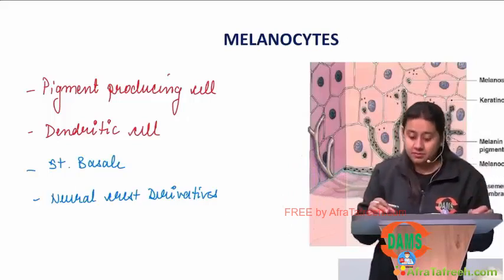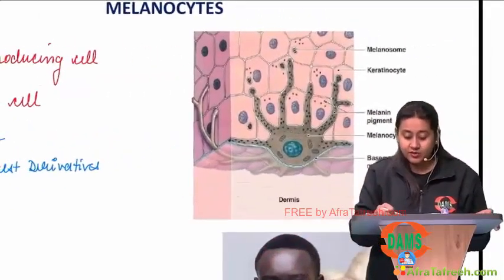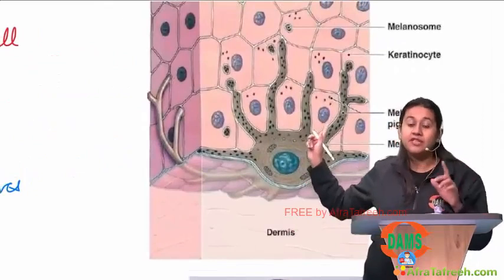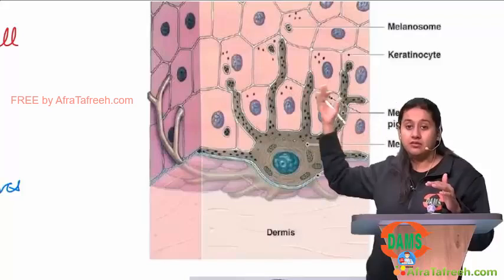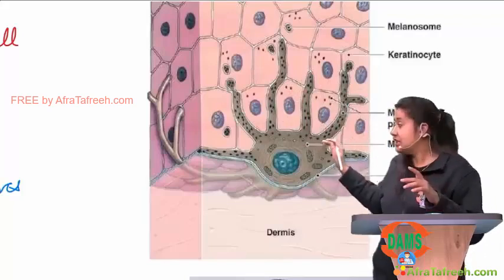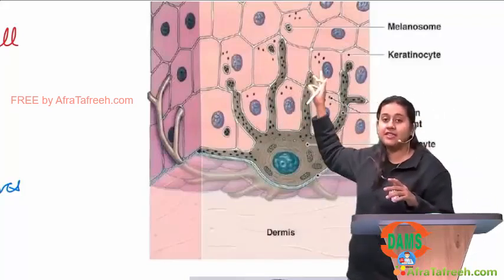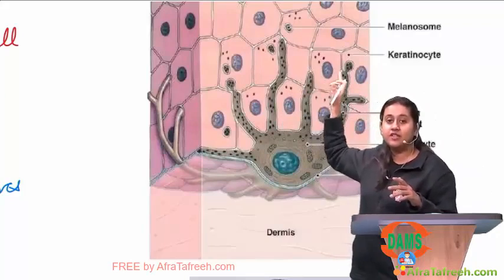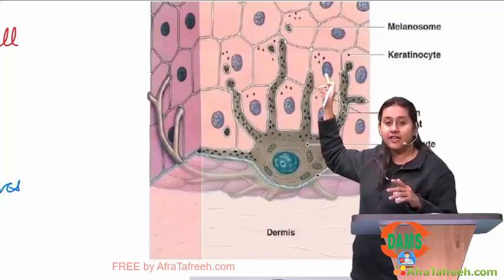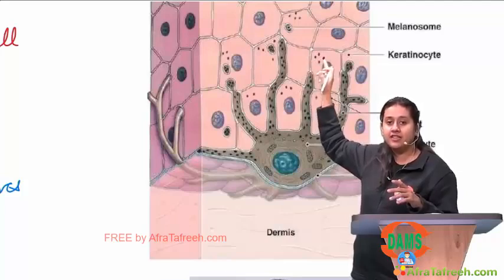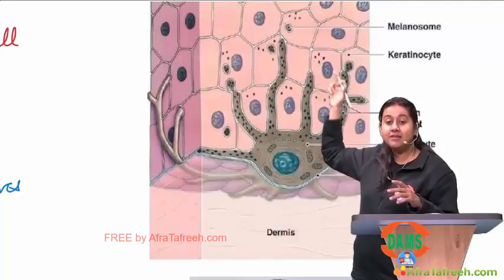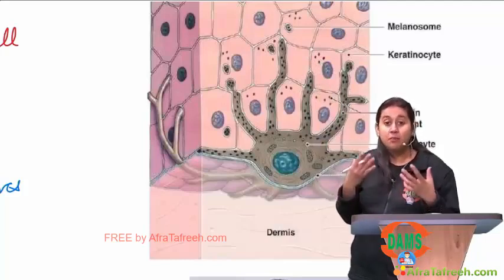Lastly, please remember, with the help of these dendrites, they actually distribute the color to the adjacent keratinocytes. Now, if you look very carefully here, this is the nucleus of your keratinocyte. Just above the nucleus, can you see these black colored dots? These are the melanosomes which contain the pigment melanin.